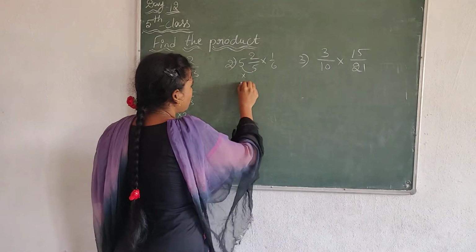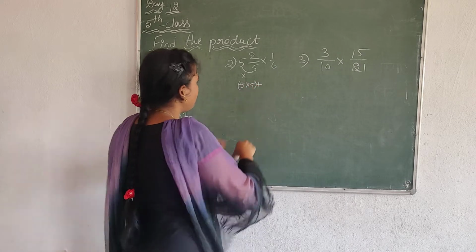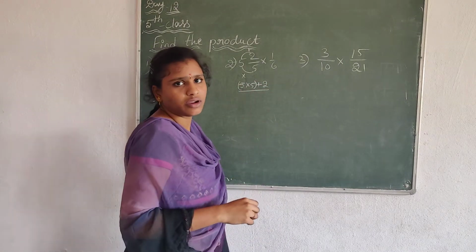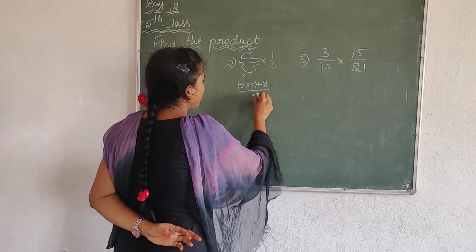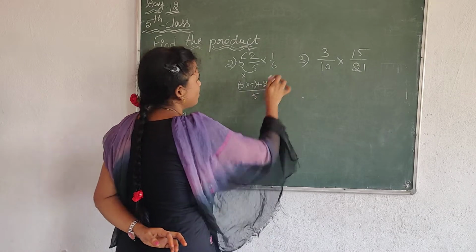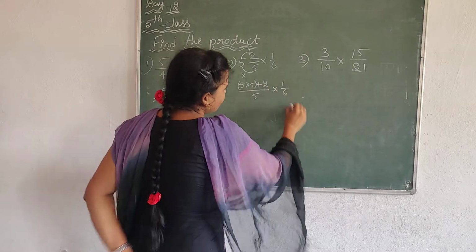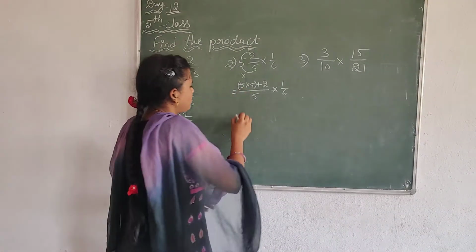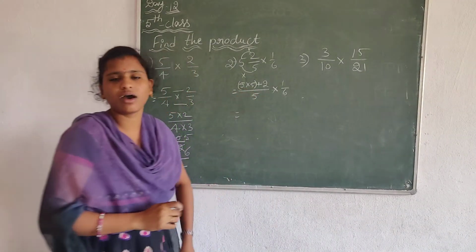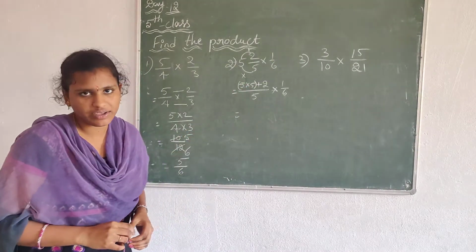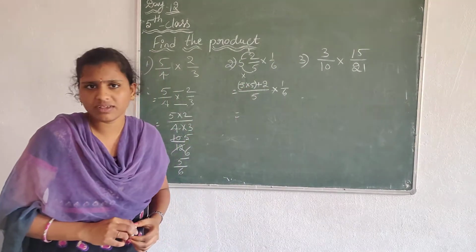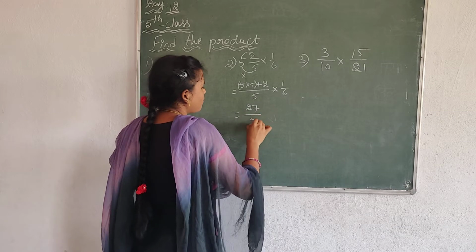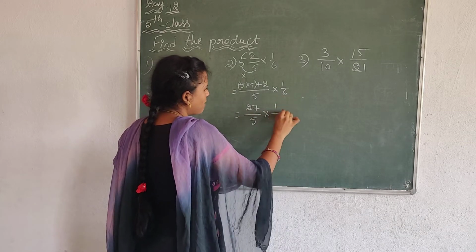Multiply 5 into 5 plus the numerator 2, over the denominator 5, into 1 by 6. 5 5s is 25 plus 2, 25 plus 2 is equal to 27. So 27 by 5 into 1 by 6.